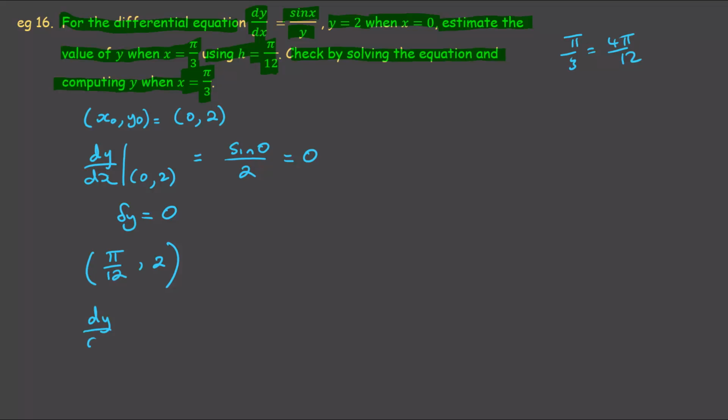And then we want dy/dx evaluated at pi by 12, 2, which is going to be sine of pi by 12 divided by 2.